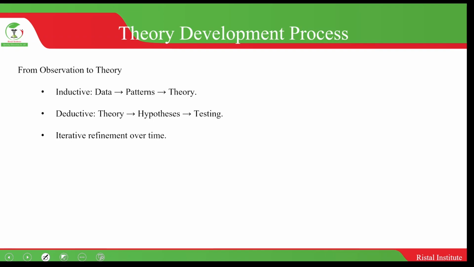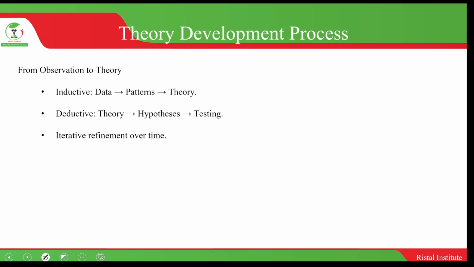With inductive, you start with the data, and then you have a lot of data. And then from this data, you get patterns, and then come up with a theory. With the deductive, you start with a theory, and then you test that theory. Those are the two main differences there.